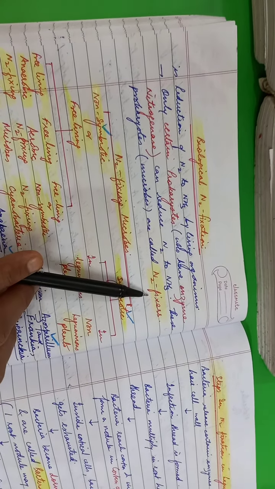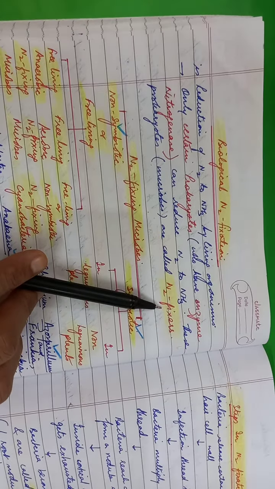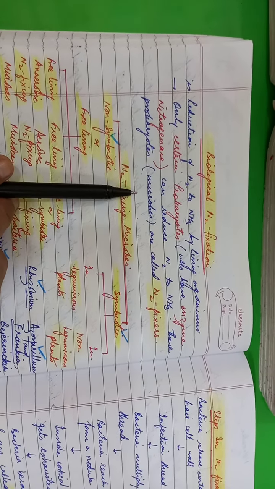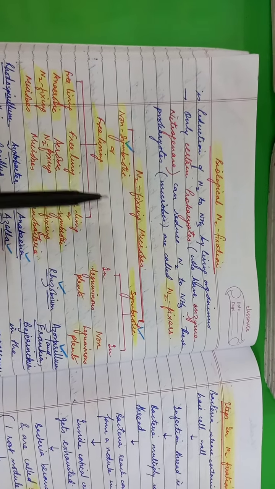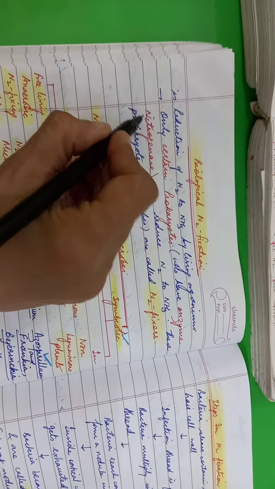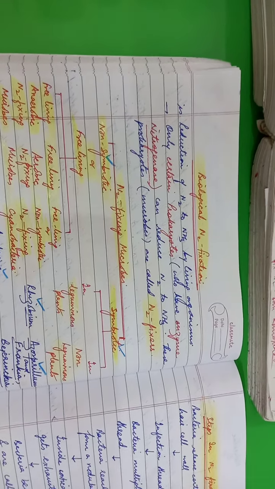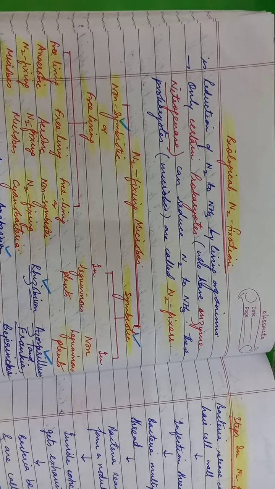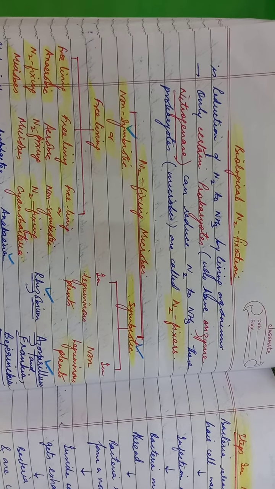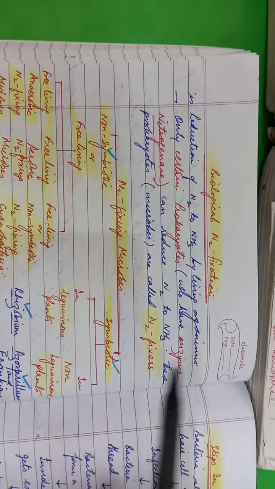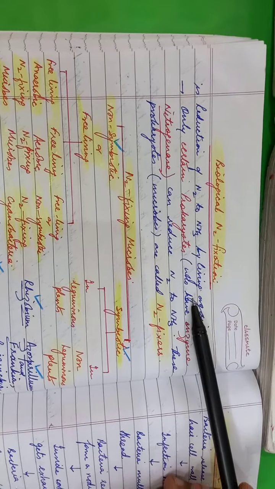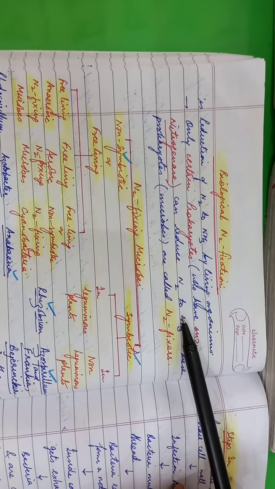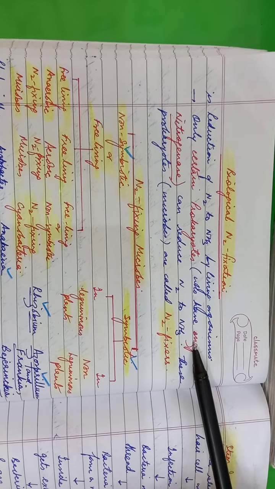And we call them nitrogen fixers. And which prokaryotes? Why only prokaryotes? Because for the fixation of nitrogen, there's a very important enzyme that is required. We call it nitrogenase, right? And this nitrogenase is present in only certain prokaryotes. Therefore, they are capable of converting nitrogen to ammonia.